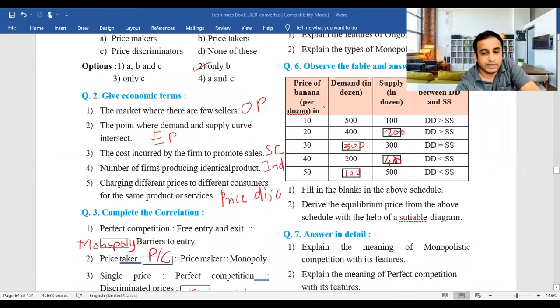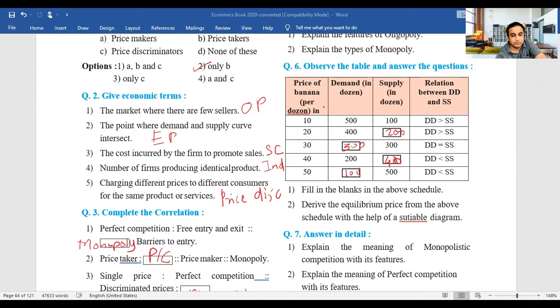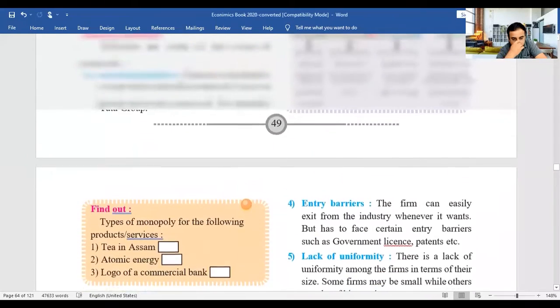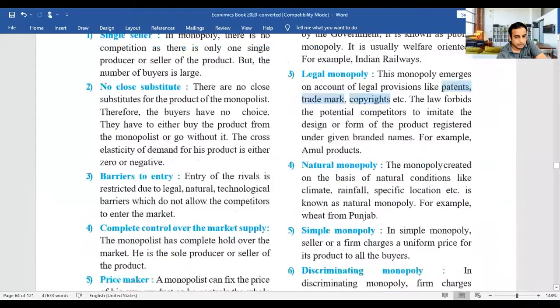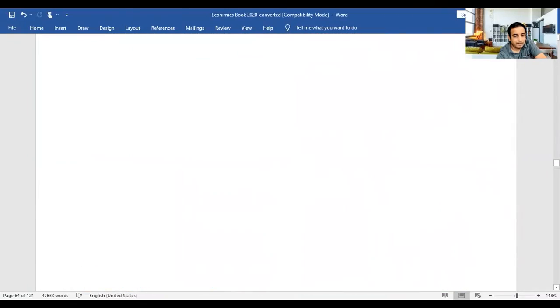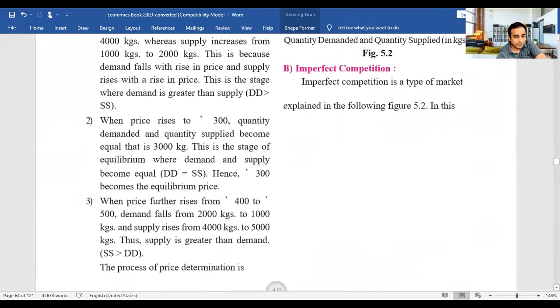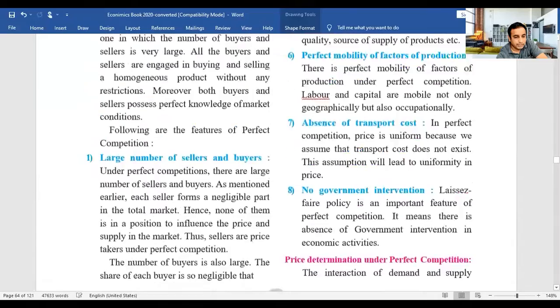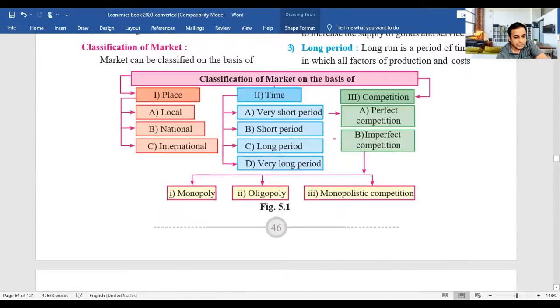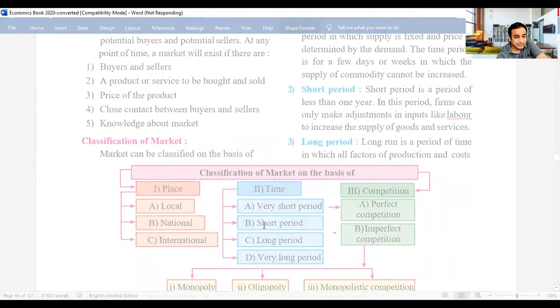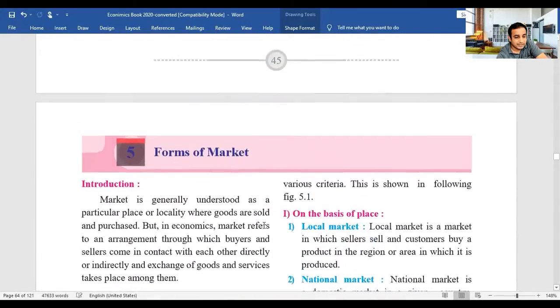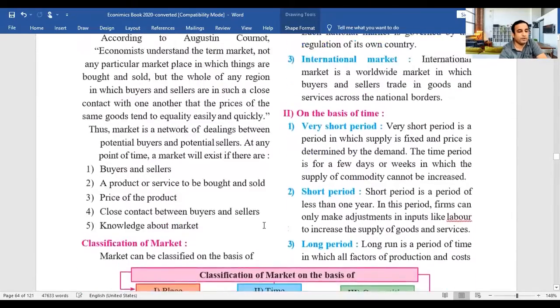So requesting everybody to refer page number 46 of your 12th eco textbook.